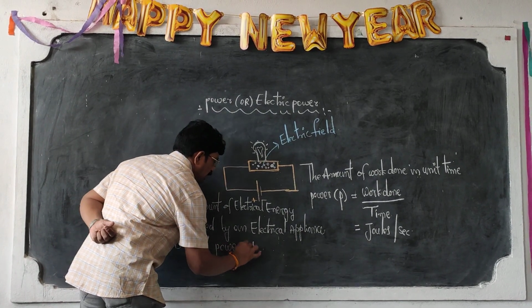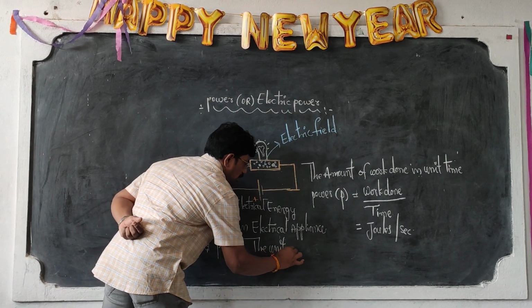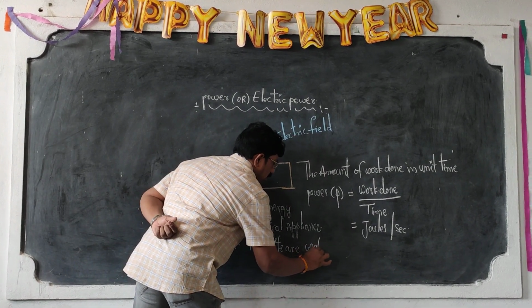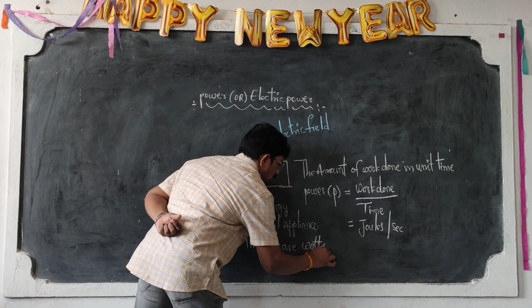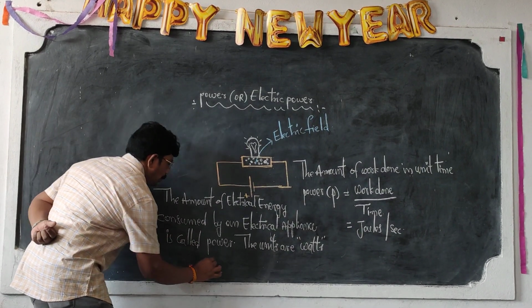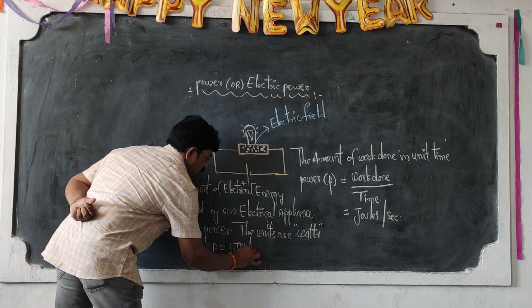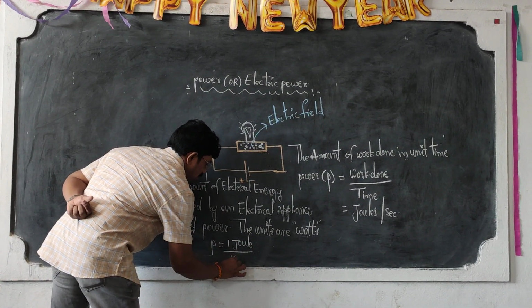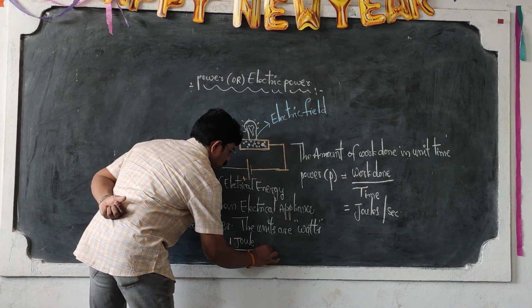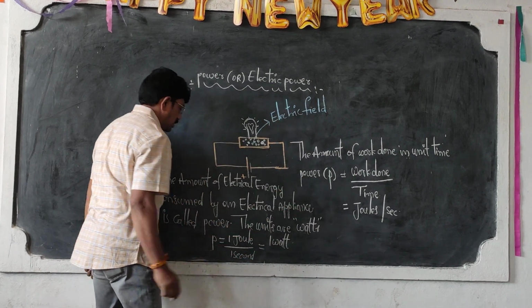The unit is watts, or watt. Are you clear about that? So power is equal to 1 joule by 1 second, which is equal to 1 watt. Try to understand.